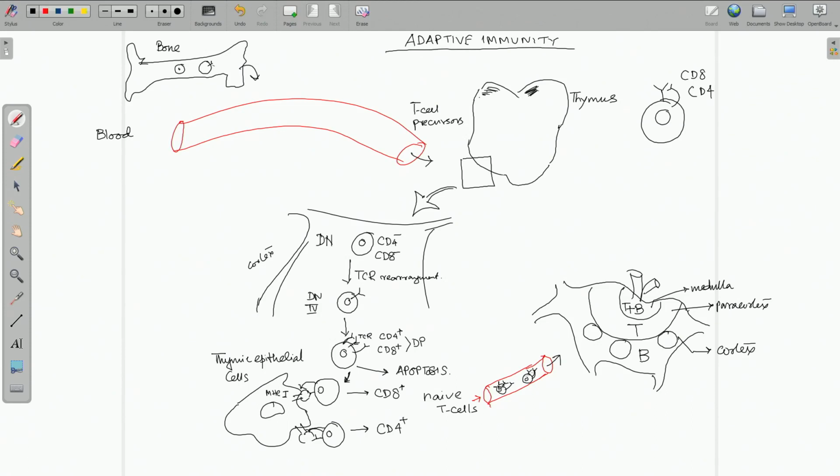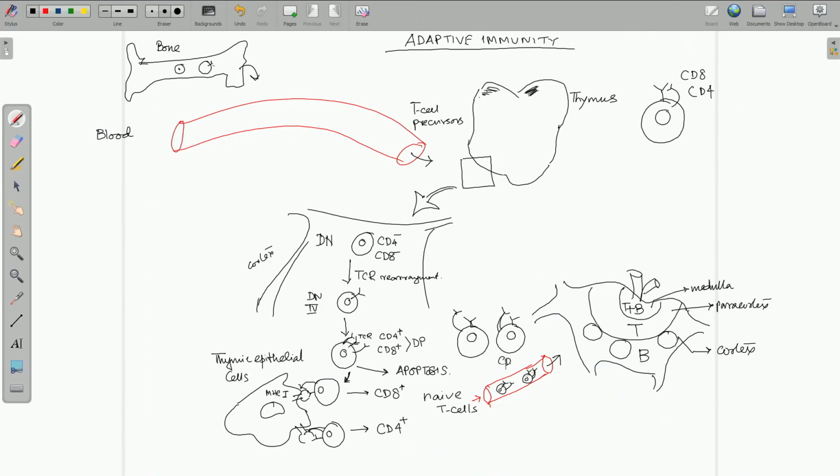Now, these T cells, as I told, are kind of destined. They have on their surface T cell receptors as well as either CD4 plus or CD8 co-receptors.